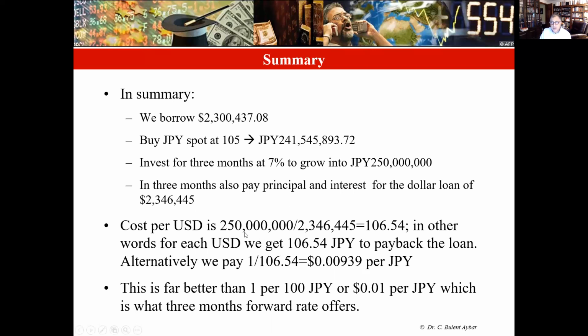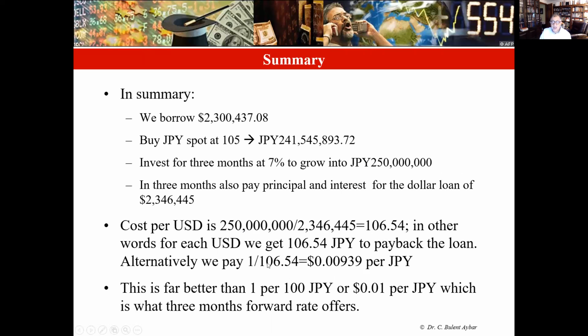And if you calculate the rate that transpires at this particular ratio, we are able to acquire 106.54 Japanese yen per each dollar, which is actually much better than 100 Japanese yen that we get through the forward contract.